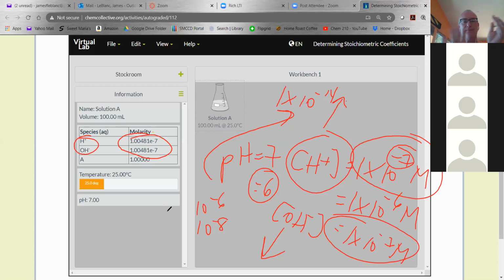But I'm not worried about that right now. I just want you to worry about what the product is and what the ratios of reactants are that make it, and not whether it's an acid or a base. We'll get to that later, okay? So that's what H plus and OH minus mean.